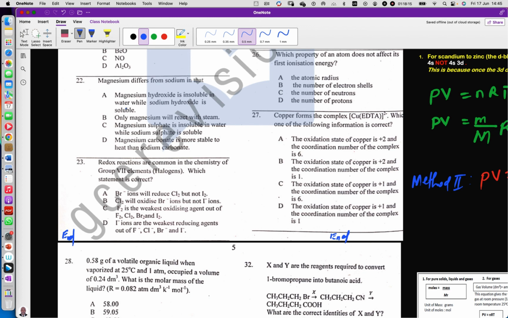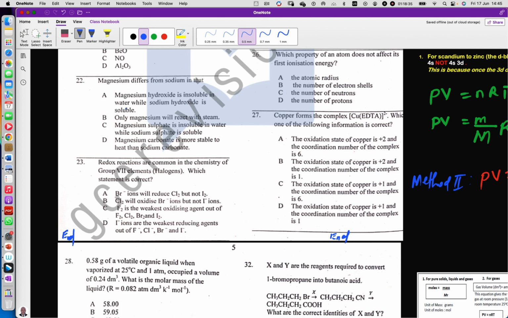The first answer, bromine ion will reduce chlorine, but not iodine. Perfect. Let's proceed and see the other answers.